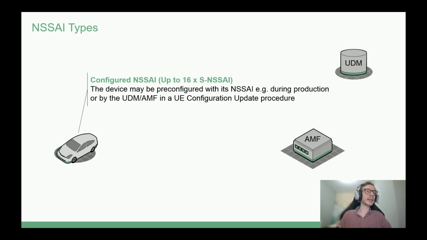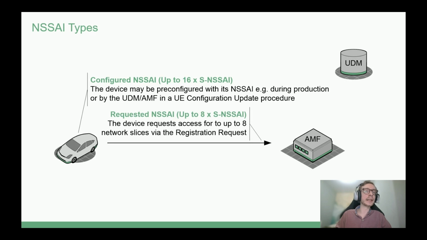So in this instance, let's say we've gone with the configured during the production approach. The device is going to send up a requested NSSAI, and that's up to 8 NSSAIs maximum. That's what's been specified by the 3GPP. You're allowed up to 8 NSSAIs and a maximum of 15 PDU sessions.